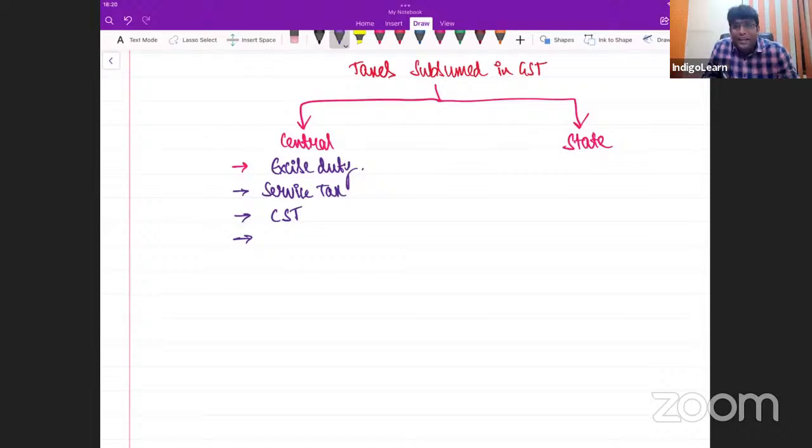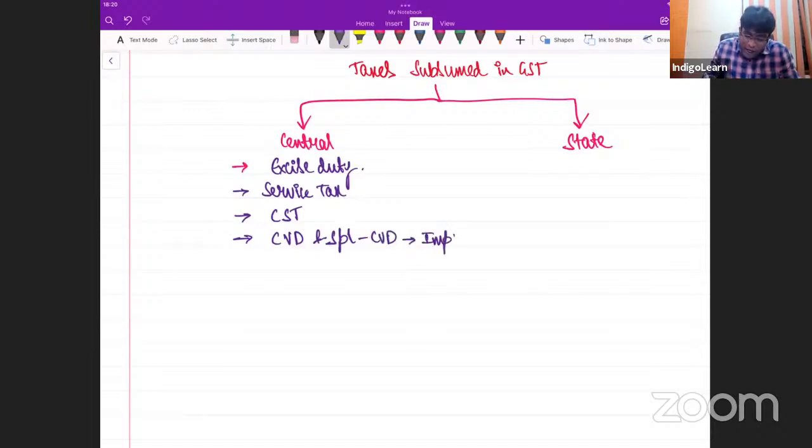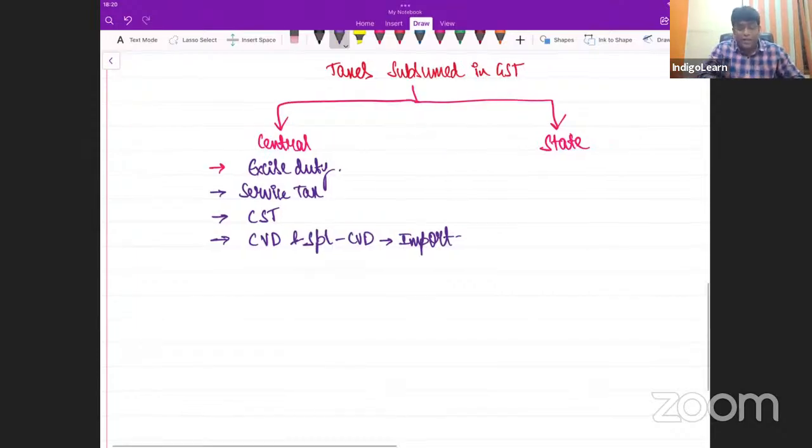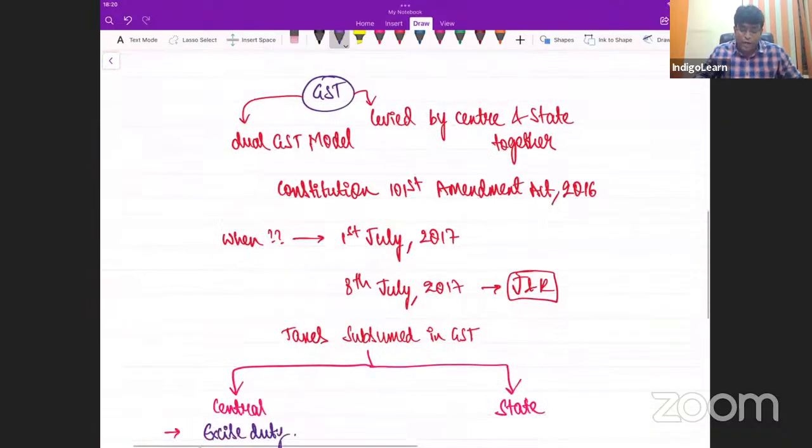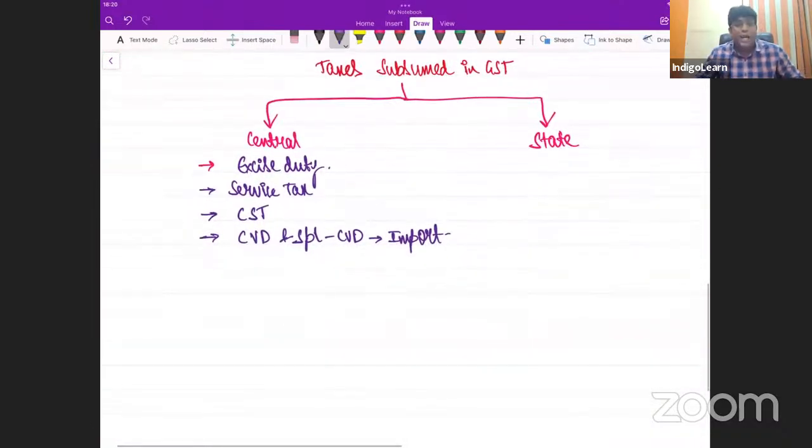Next interesting point. There used to be something known as CVD and special CVD, which was levied in case of import of goods. Earlier, once upon a time, if you used to import goods from a foreign country, we were required to pay BCD plus CVD plus special CVD.